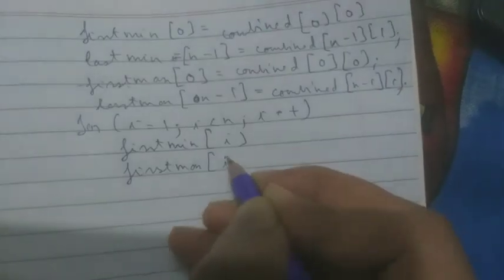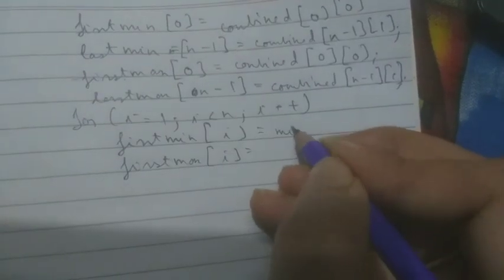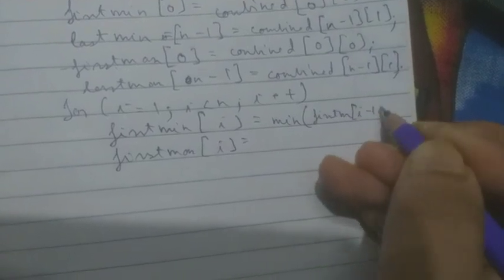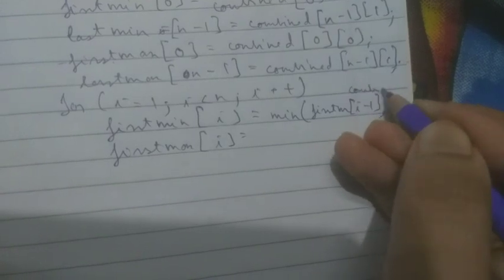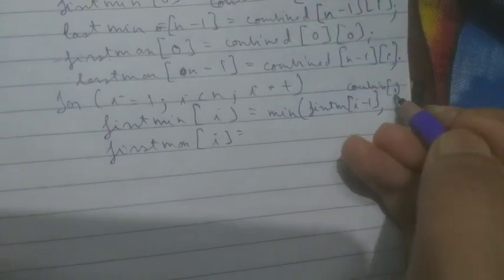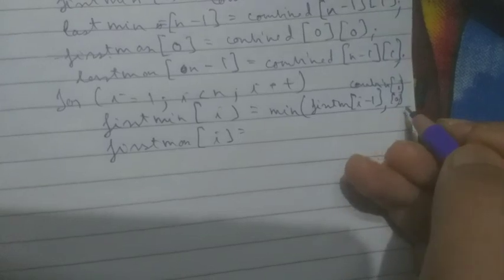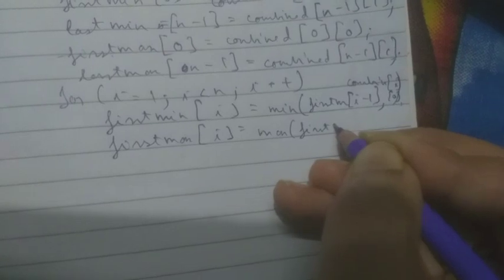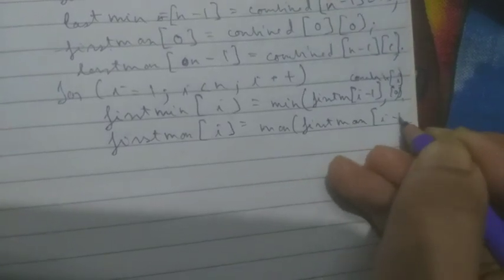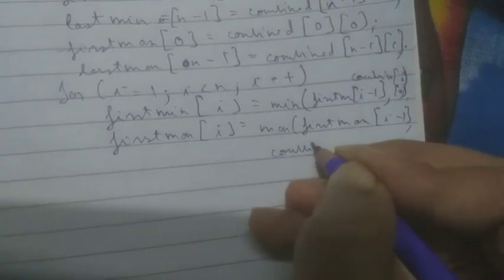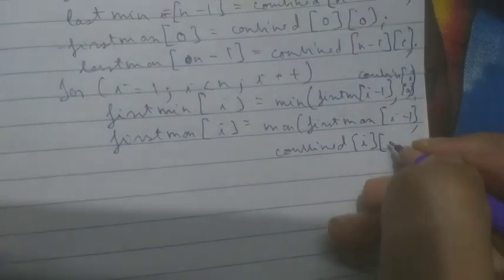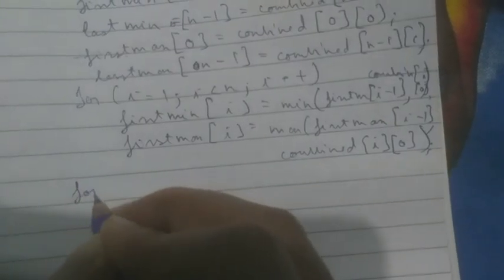First minimum is the minimum of first minimum of I minus 1 and combined I comma 0, and this is the maximum of first maximum I minus 1 comma combined I of 0. Okay, similarly like the previous one.